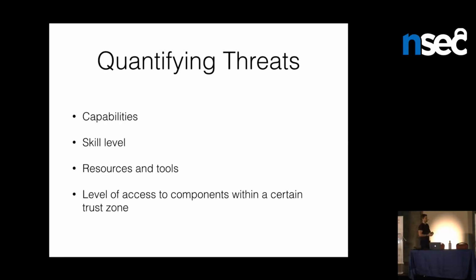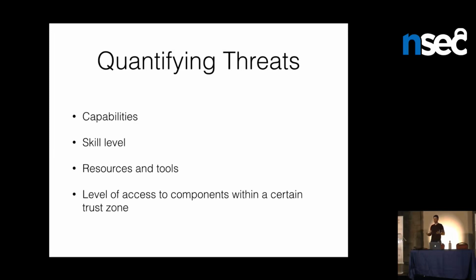And, of course, the level of access to various components within your system is another big consideration. Think about an external attacker who's out on the internet, interacting with public-facing websites, whatever the case may be, versus an insider threat who may have domain credentials. They may have a company-issued laptop. They may have access to internal databases, things like that.